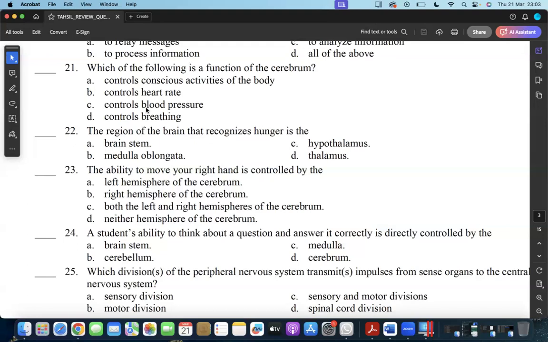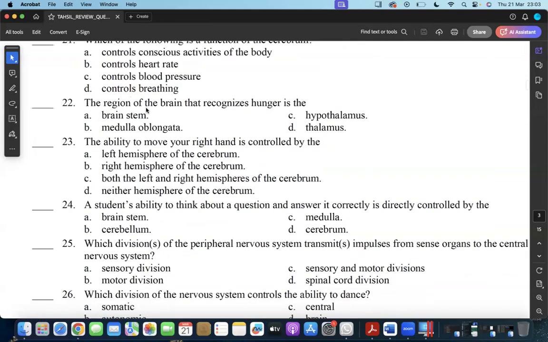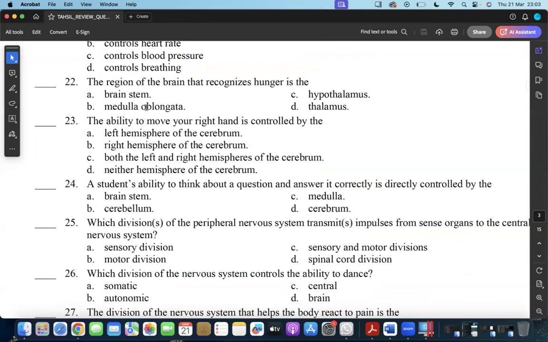It's a very small part of the brain towards the end of it, and is one of the most important parts. The brainstem is not, the medulla oblongata is not, the thalamus is not. So the answer to question number 22 is C.